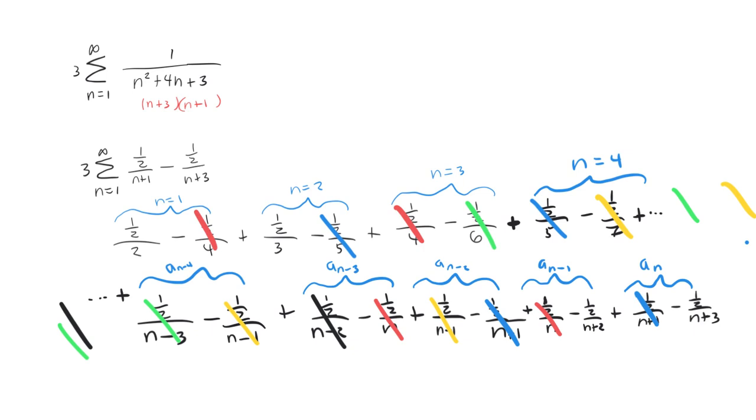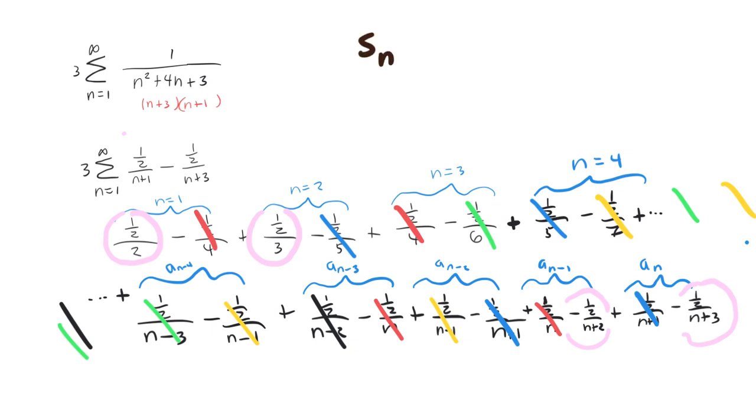So I think you can kind of see what's going on. We have a scenario where what's left over, I'll use purple for this, is this one, right? And this one, and this one, and this one.